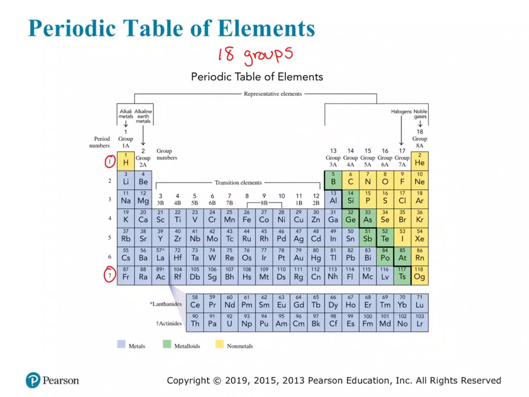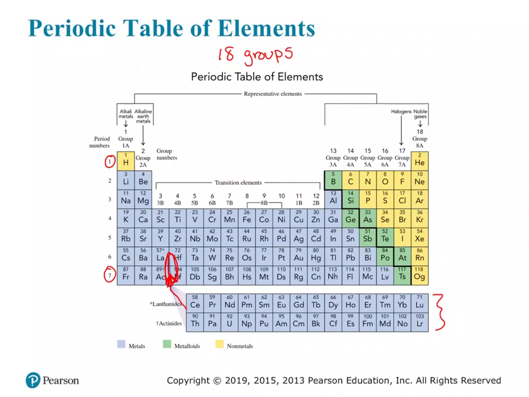Now, one thing to note, there are these two rows that are just kind of hanging out by themselves. Those actually fit in right here. So they're supposed to be in the periodic table, but if we put those two rows in the periodic table, it would make the periodic table so wide that it wouldn't fit on a piece of paper.